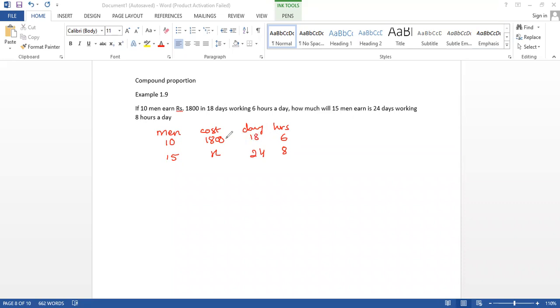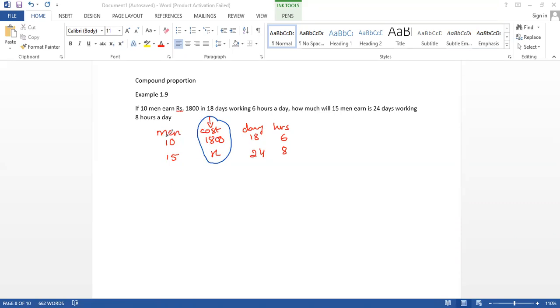So the way to do this question is that the variable in which you have x, which is cost over here, you need to think in terms of this. So first thing is that you'll check whether each of the other variables is directly proportional with cost or inversely proportional with cost. So we think about men.